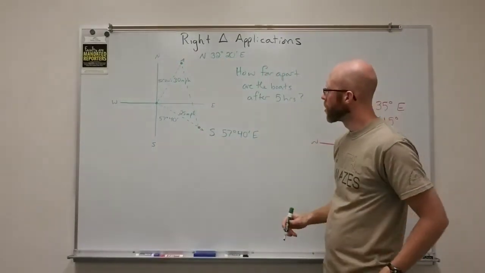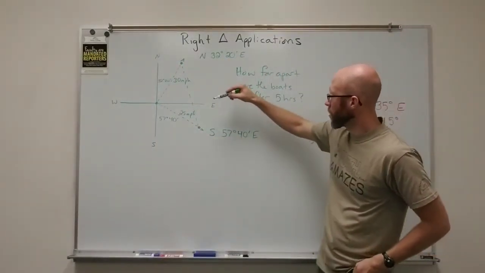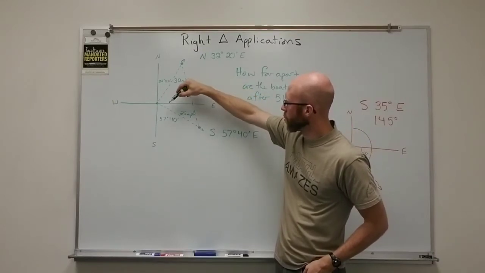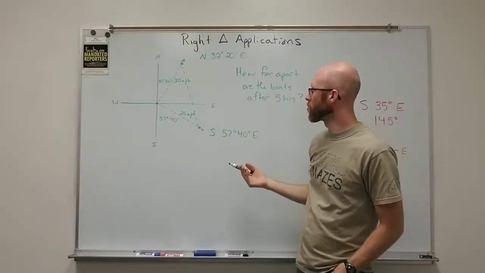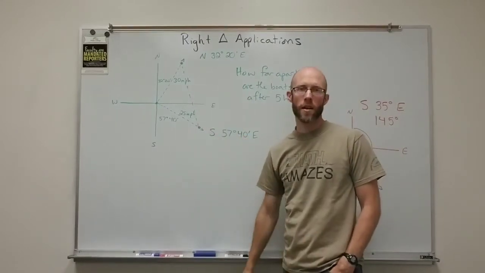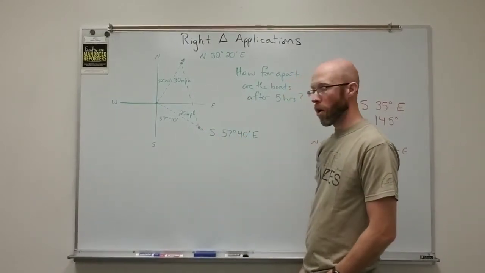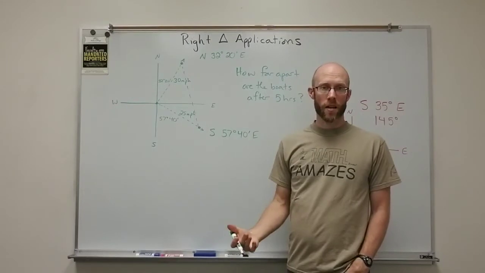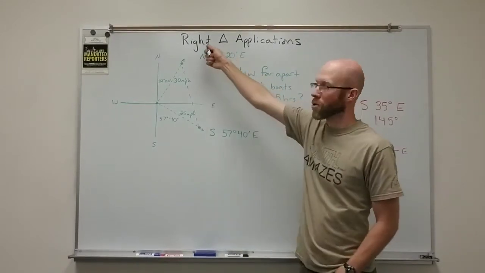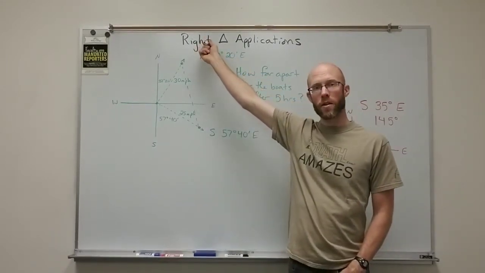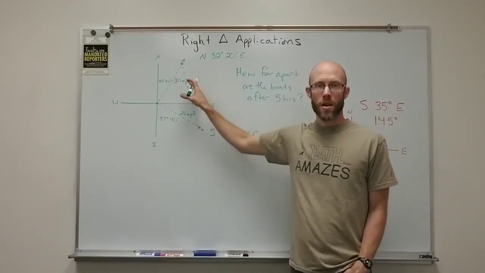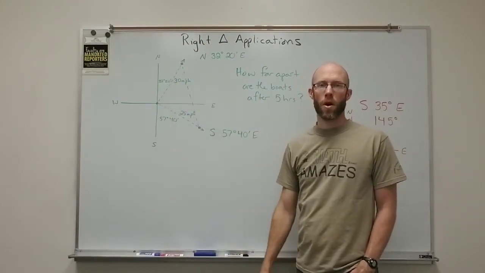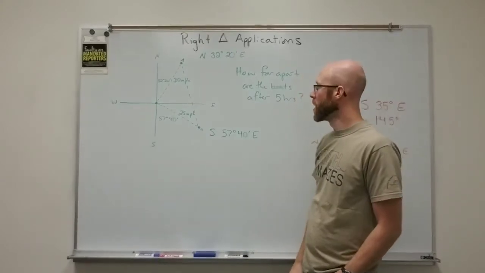And so what we want to do is figure out what are the angles maybe of this triangle, because right off the bat I don't really know what kind of triangle I'm looking at. I'm hoping that there's a right angle in here somewhere, because we're looking at right triangle applications. If I don't have any right angles, this is going to be a much more difficult problem to work through.